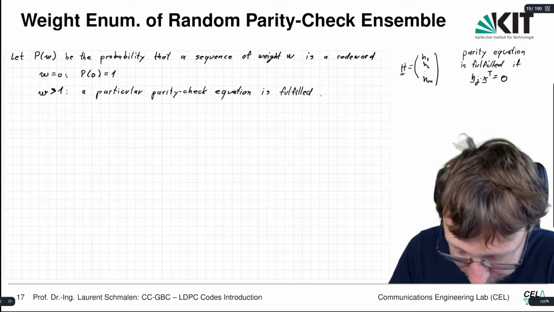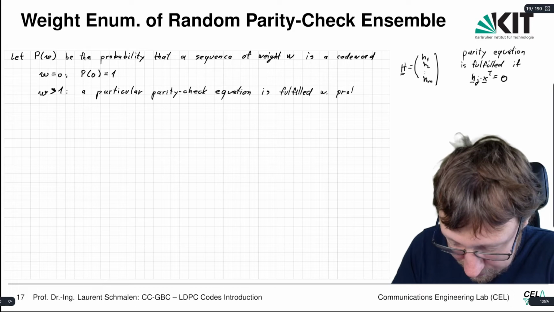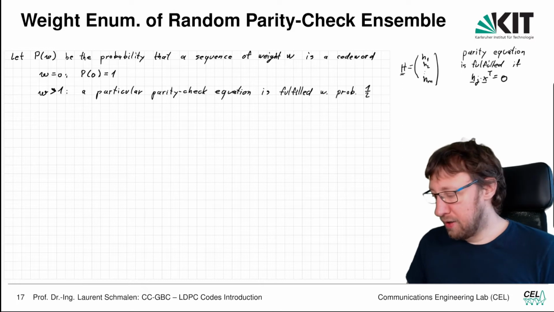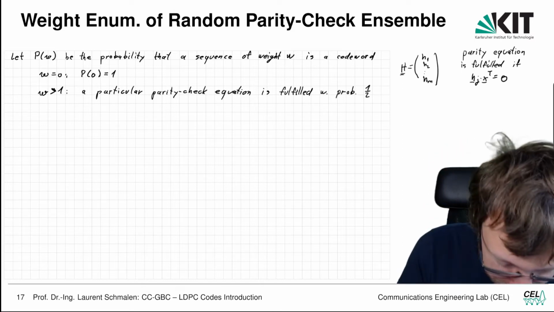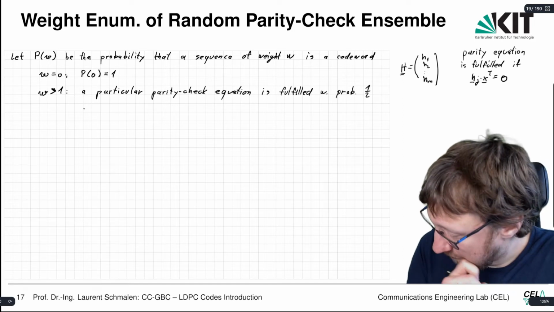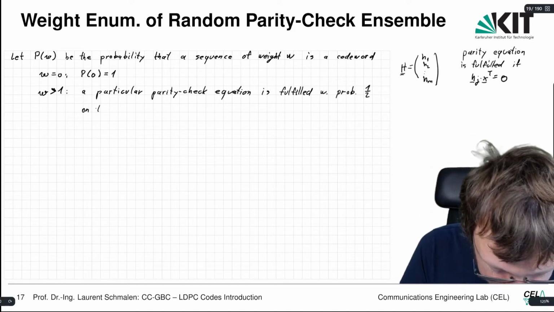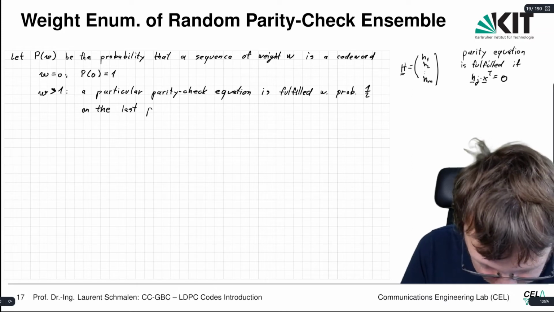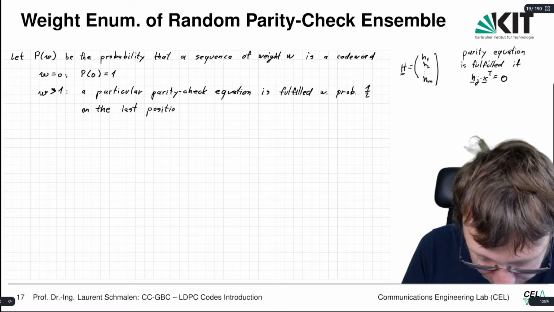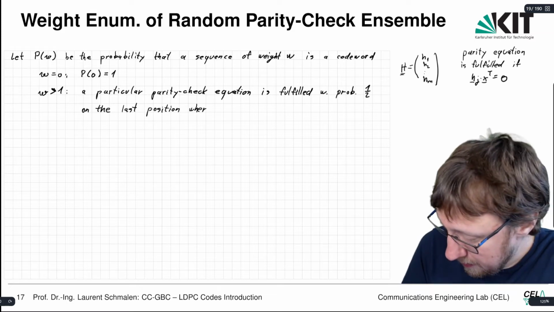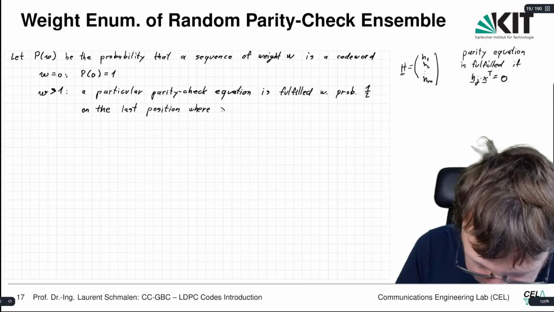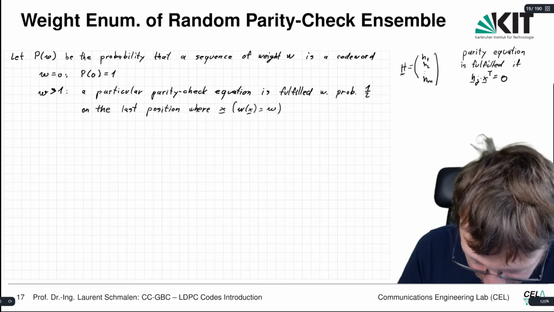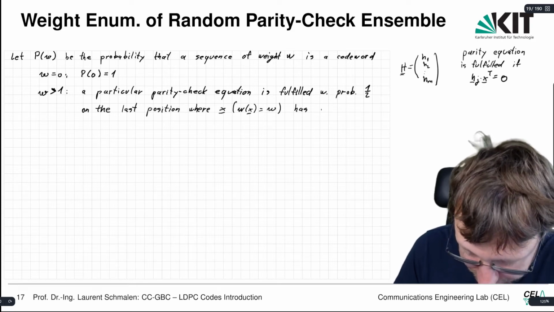That's a little bit odd, but if you think a little bit about it, it's not so hard to see. So we're looking at the last position where x, whose weight is equal to w, has a 1.